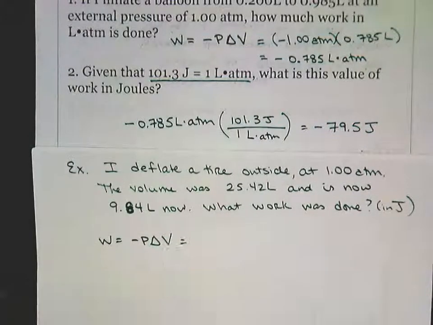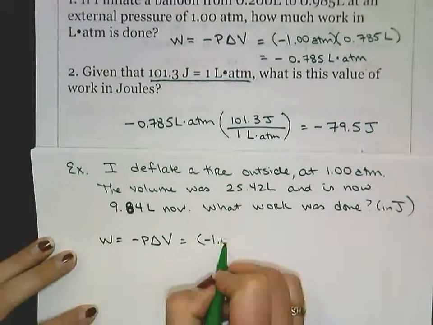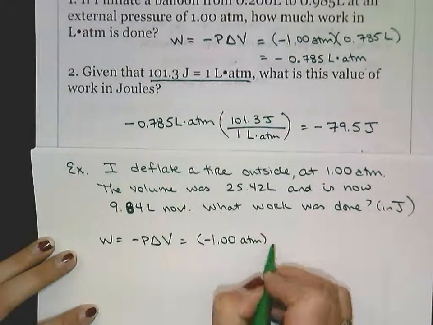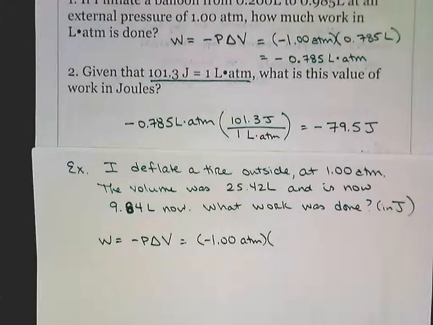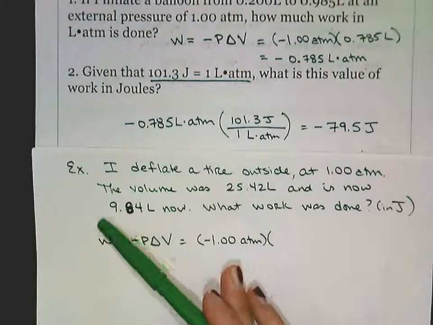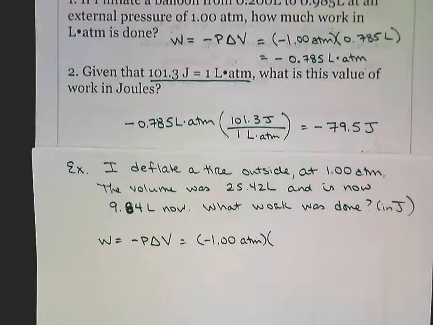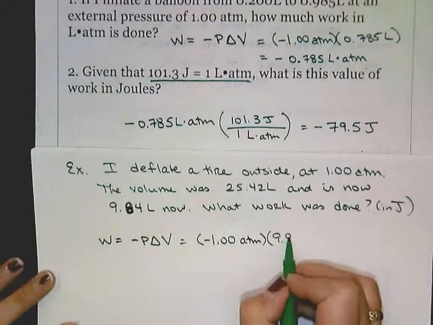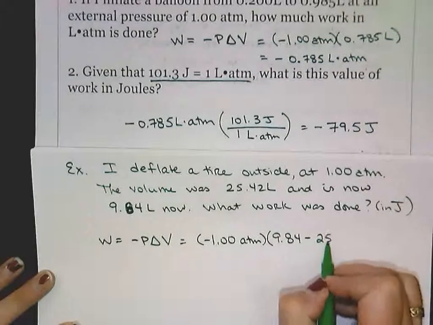All right, so we have the same pressure we had before. So how did I figure out my delta V? Do I do 25 minus 9 or 9 minus 25? Yep, 9.84 minus 25.42.